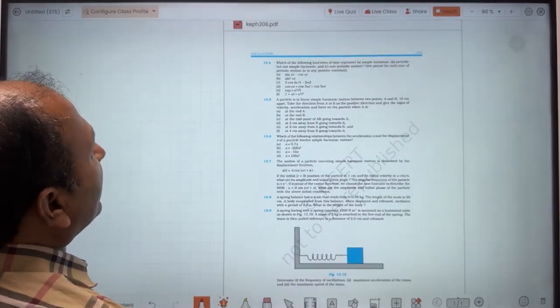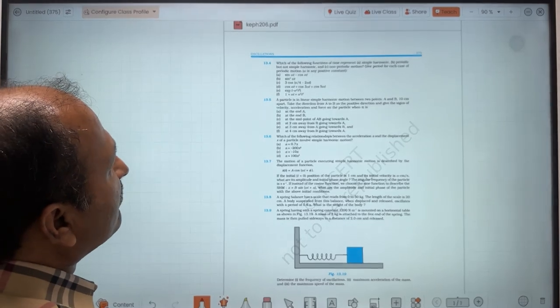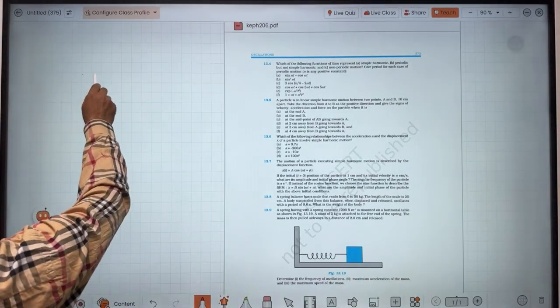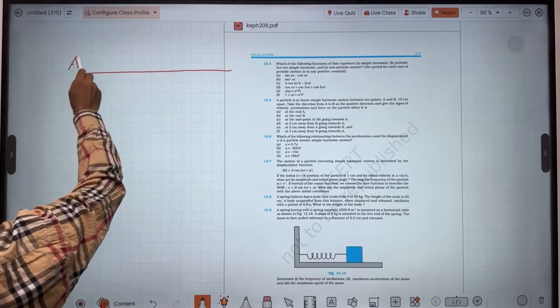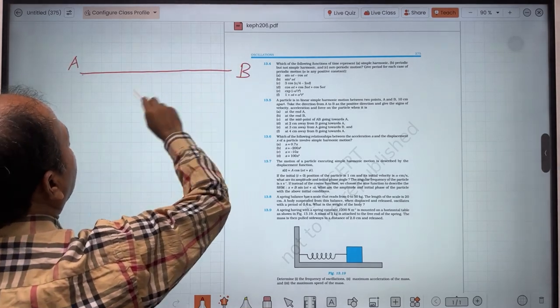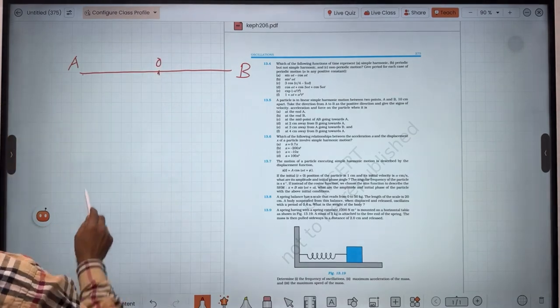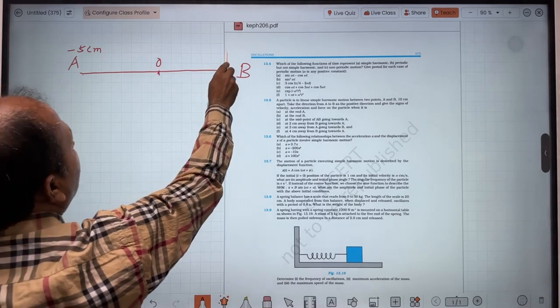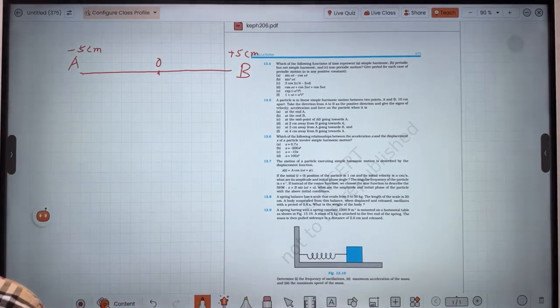Next question says, a particle is in linear simple harmonic motion between points A and B, 10 centimeter apart. So we take this as A, this as B, and the separation is 10. This is say 0. Here minus 5 centimeter, and this is plus 5 centimeter. So the total distance will be 10 centimeter, right?